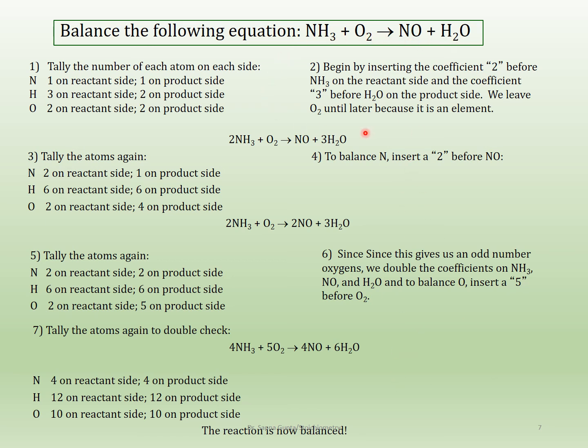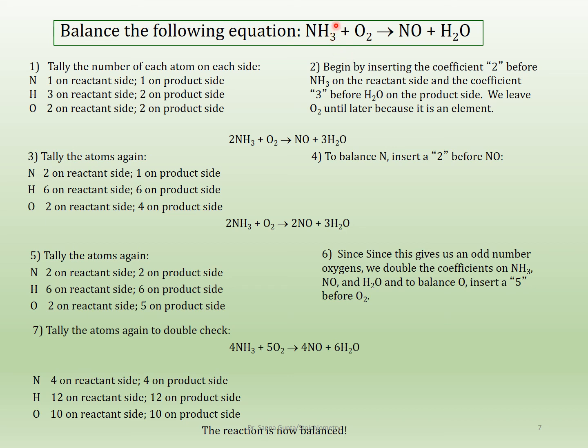So let me just give you a quick overview of this instead of reading all these little instructions. Nitrogen is 1 on the left, nitrogen is 1 on the right, hydrogen is 3 on the left and 2 on the right, oxygen is 2 on the left, and oxygen is 1 on the right. Again, oxygen is an element over here, so I'm going to leave that for the end.